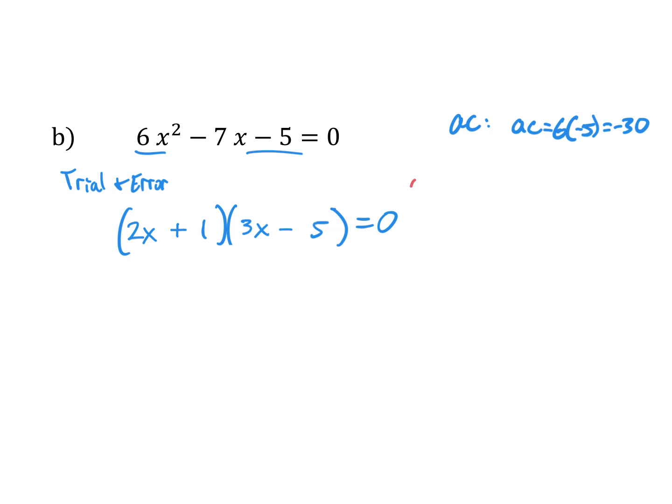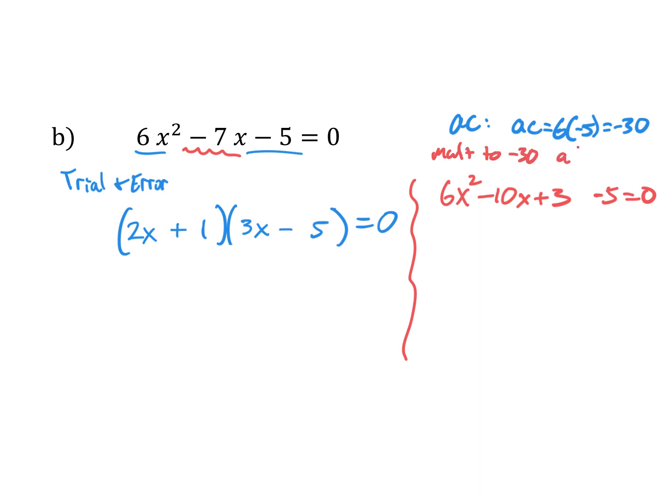So what we're going to do here is rewrite the equation 6x squared, and we've got our minus 5. But we're going to take that middle term and write it as negative 10x plus 3x, because negative 10 and 3 multiply to negative 30 and add to negative 7.